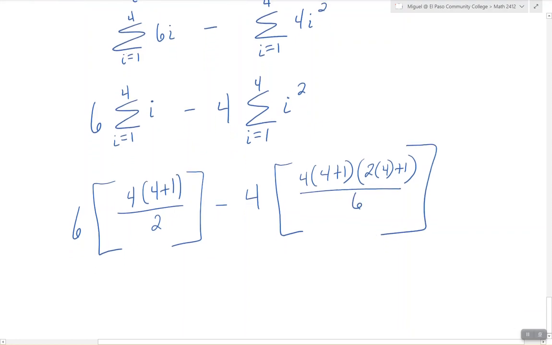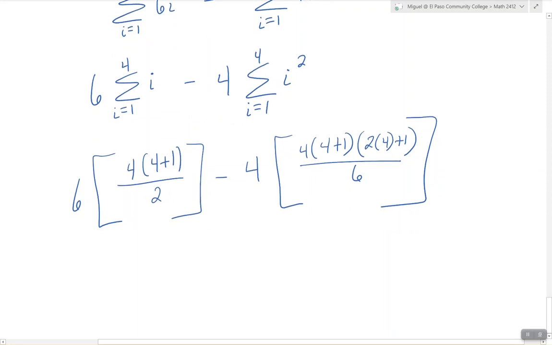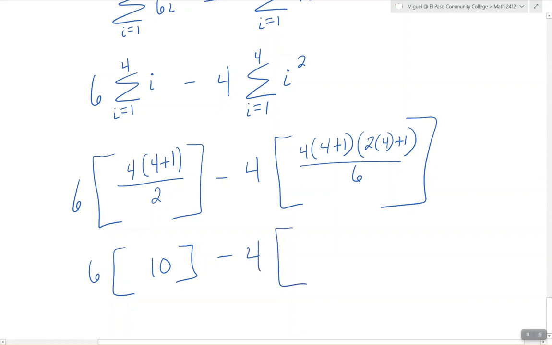Now we can just substitute these formulas in for these summations and calculate this out instead. This will give us 6 times 4 times 5 over 2, so that's 20 over 2, which is 10. Minus 4 times, up here we have 2 times 4 plus 1, so it's going to be 9. This is a 5.